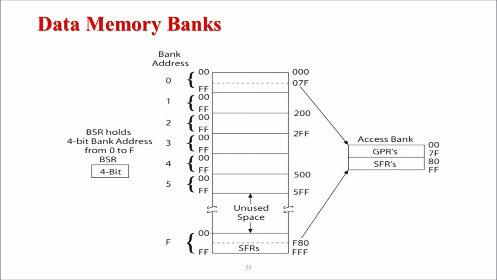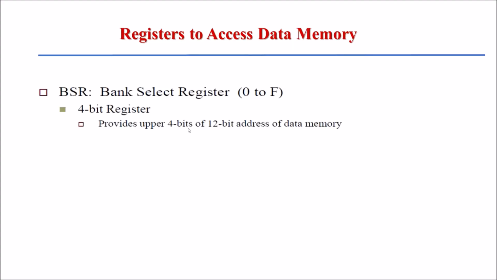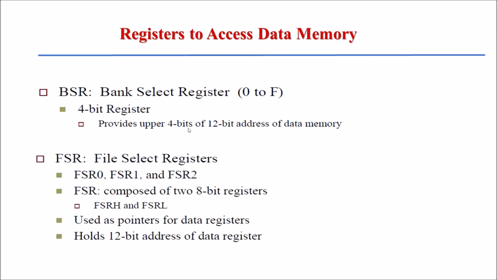But there are different methods to access these banks of data memory location. So the registers used to access this data memory, as we have seen, is the bank select register. So this BSR register is used to store 4 bits of the 12-bit address of data memory. So data memory address size is 12-bit, and out of this 12-bit, 4 bits are stored in BSR register. This is the one method.